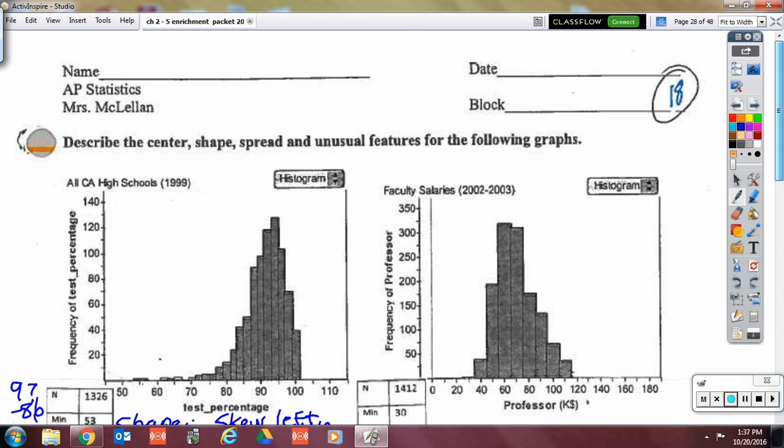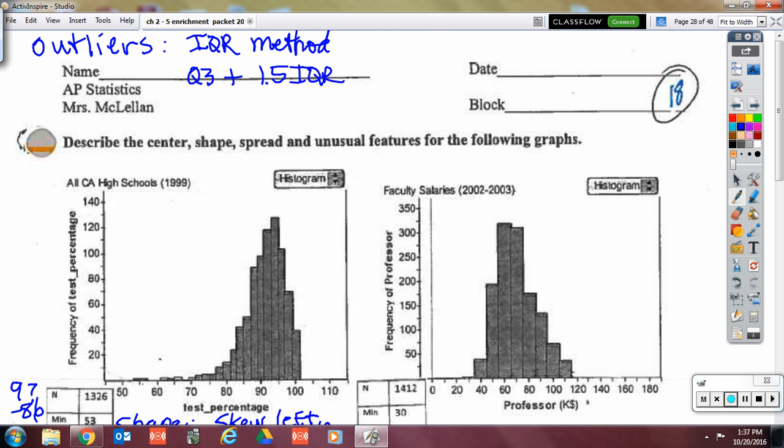So let me do a quick review up here. For outliers, I'll just summarize this for you, and we'll actually practice this tomorrow. If you choose to use the IQR method, then you're going to do Q3 plus 1.5 IQRs and Q1 minus 1.5 IQRs.